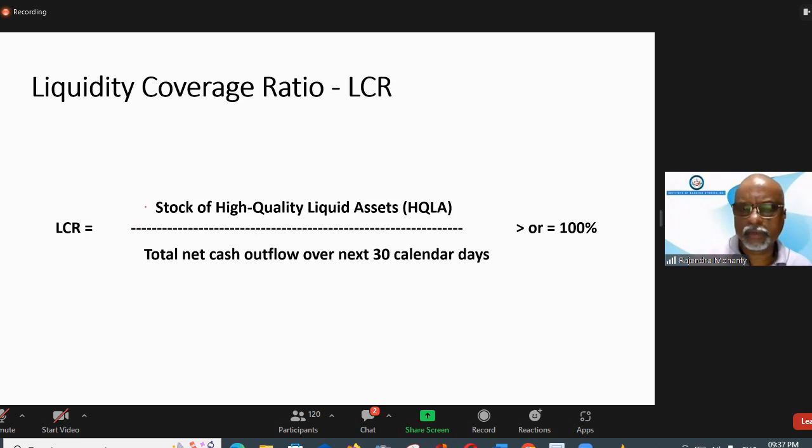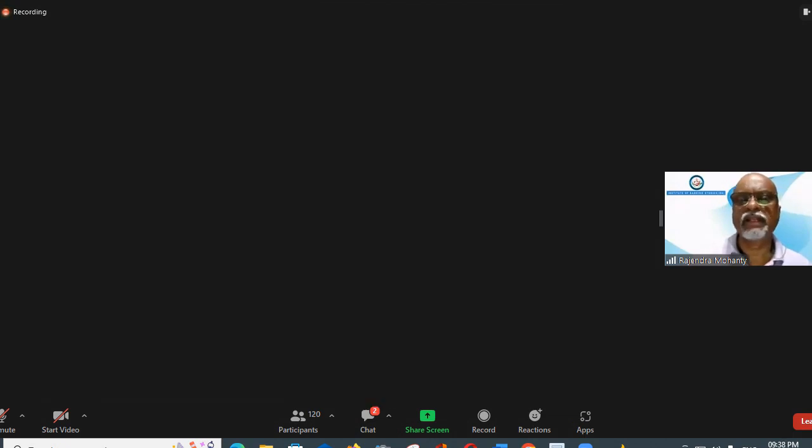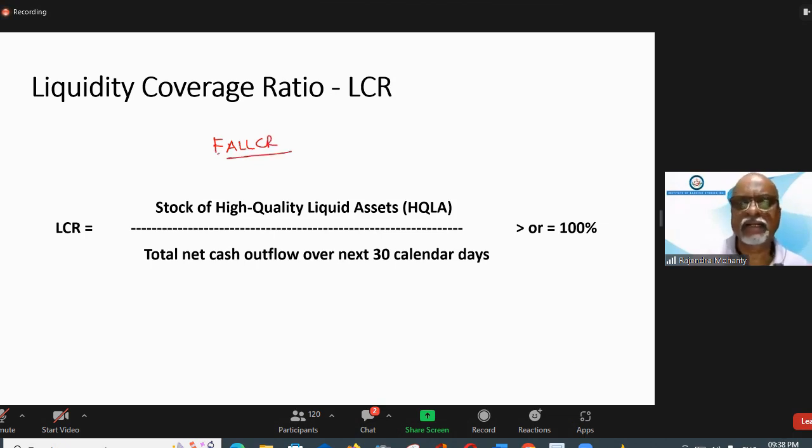To take corrective actions and help them in this situation, RBI has introduced a scheme called FALLCR, Facility to Avail Liquidity for Liquidity Coverage Ratio.